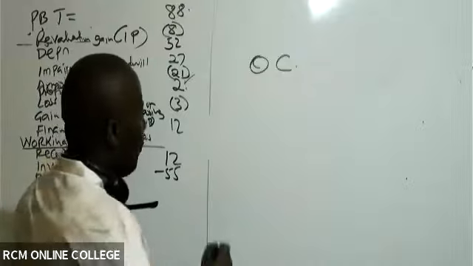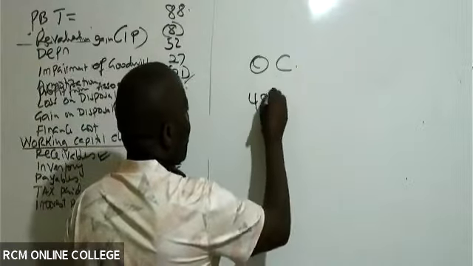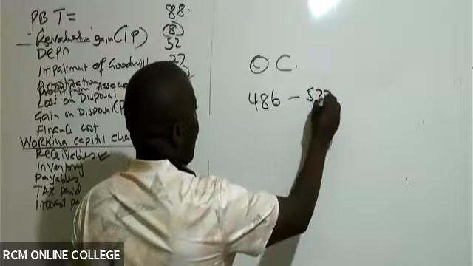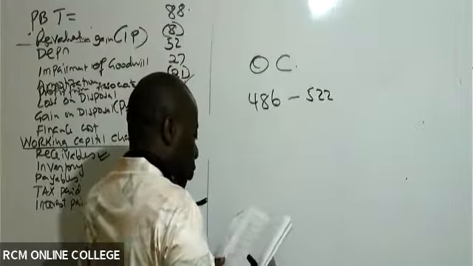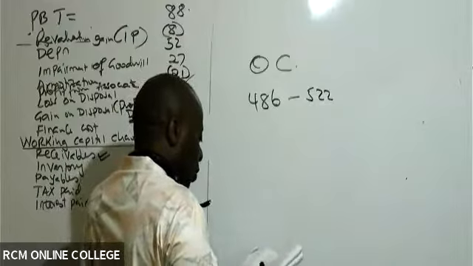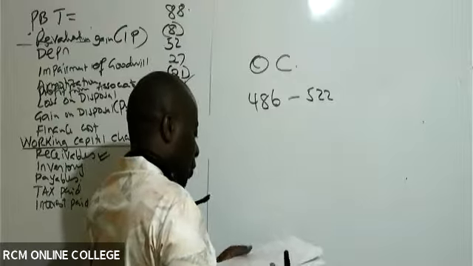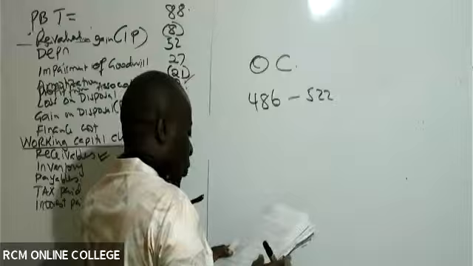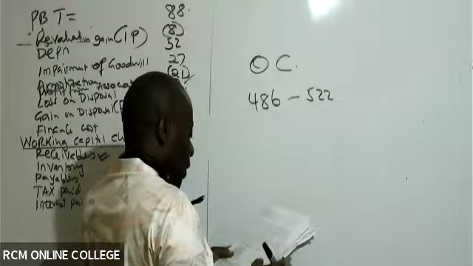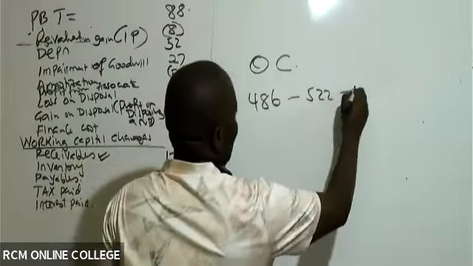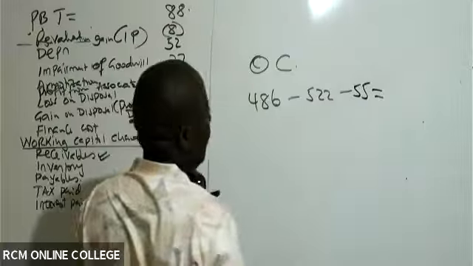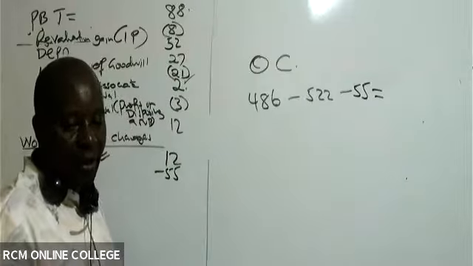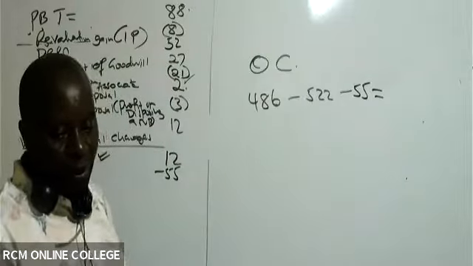So we have here 486 minus 522 minus this subsidiary that left us, that went with payables worth 55. And they're saying it's 524.